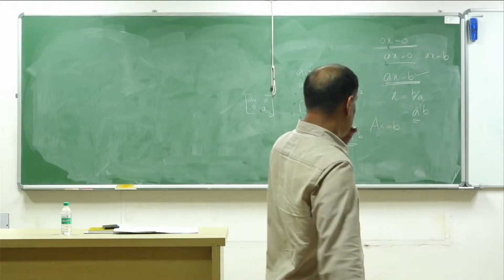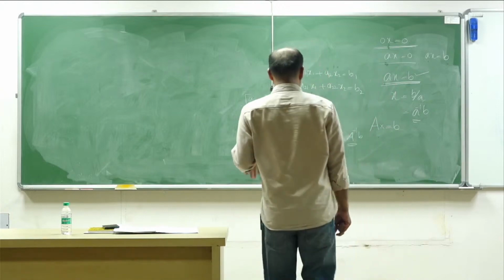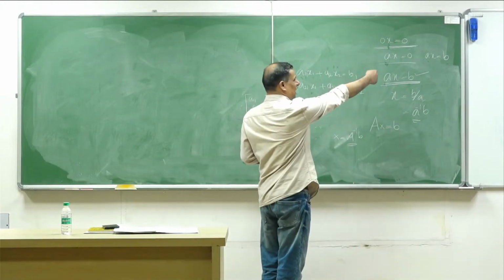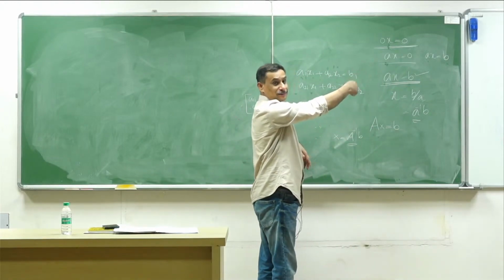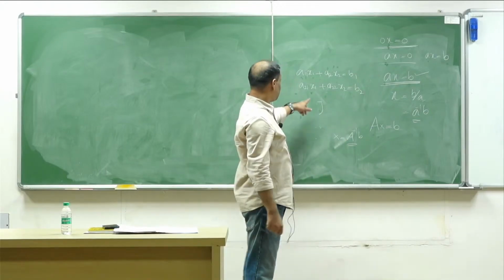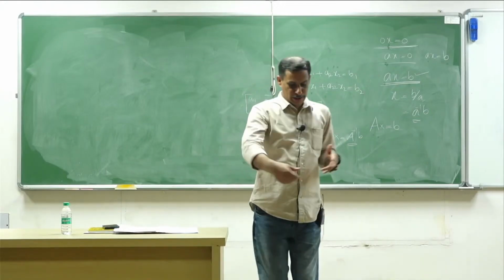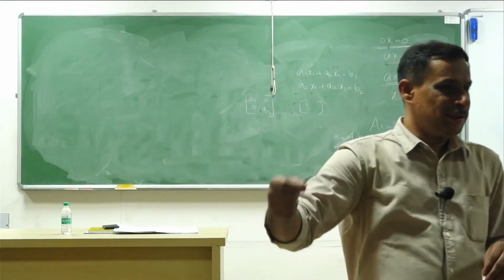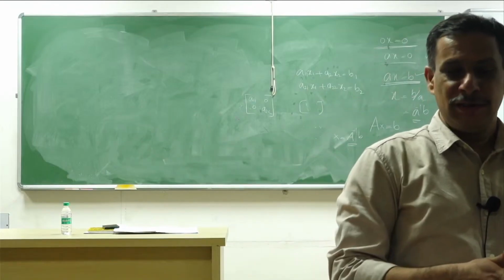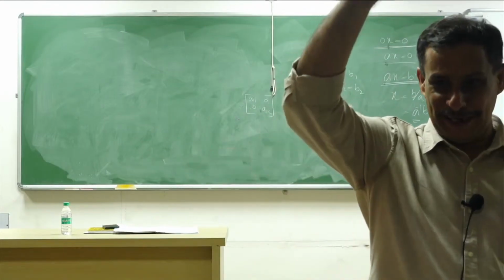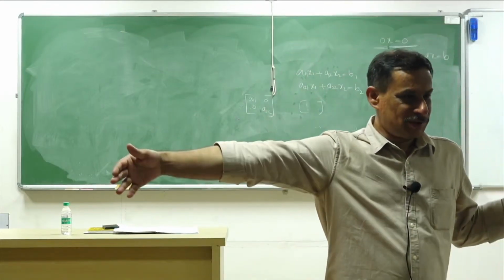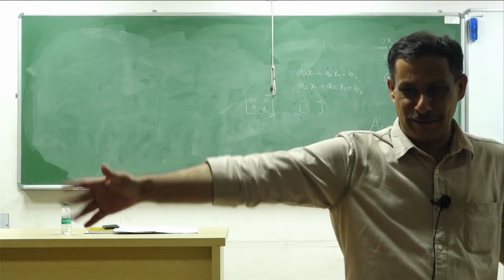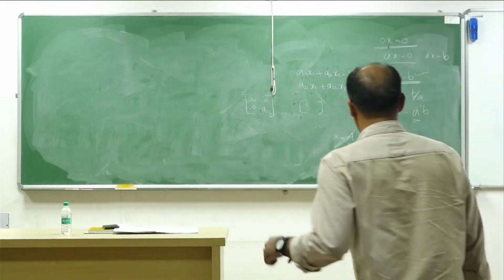Okay, that's a very scalar, 1 by 1 system. This is a 2 by 2 system. You can increase the order, 3 by 3. Sometimes it is rectangular, sometimes it is a tall matrix, sometimes a broad matrix, depending on the situation.